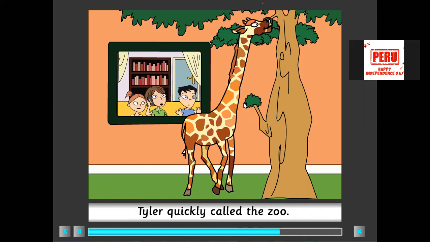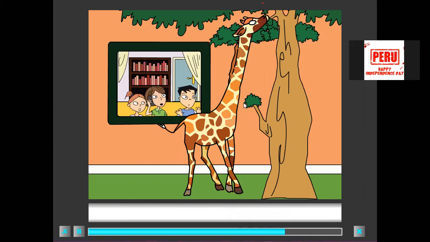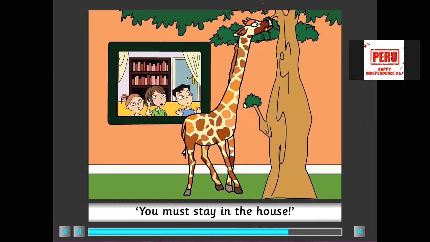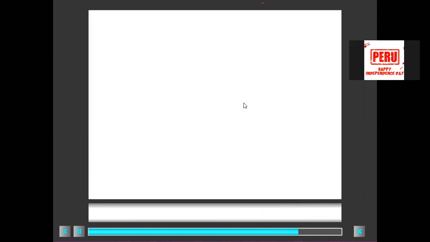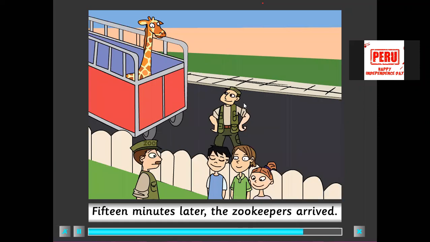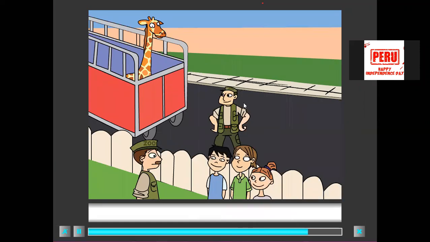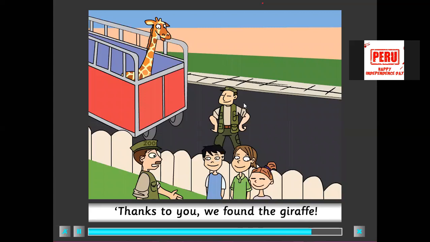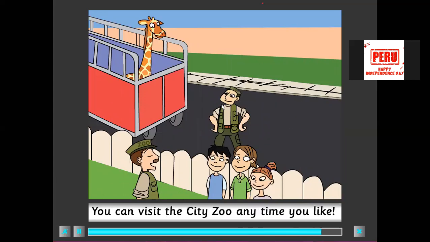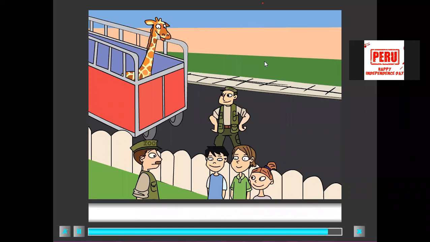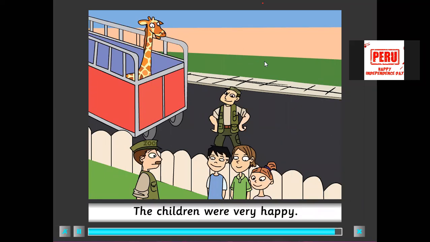Tyler quickly called the zoo. You must stay in the house, a zookeeper said on the phone. 15 minutes later, the zookeepers arrived. Thanks to you, we found the giraffe. Thank you so much. You can visit the city zoo anytime you like, said one zookeeper. The children were very happy.